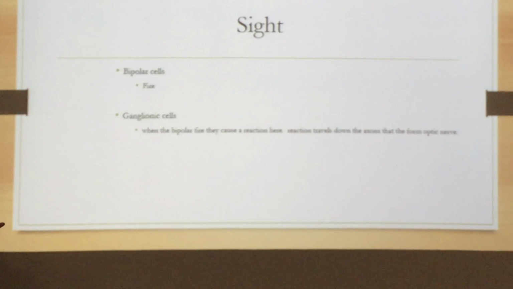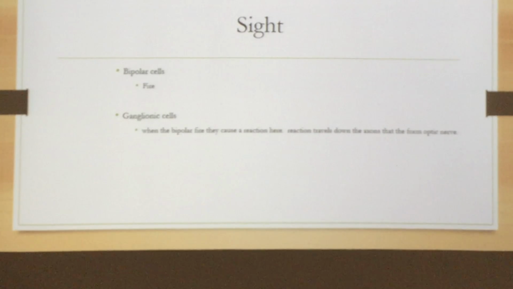Now, when they fire, they cause the ganglionic cells to react. Now, these ganglionic cells, they come together and their axons will form the optic nerve. So the axons of the ganglionic cells come together and form the optic nerve.